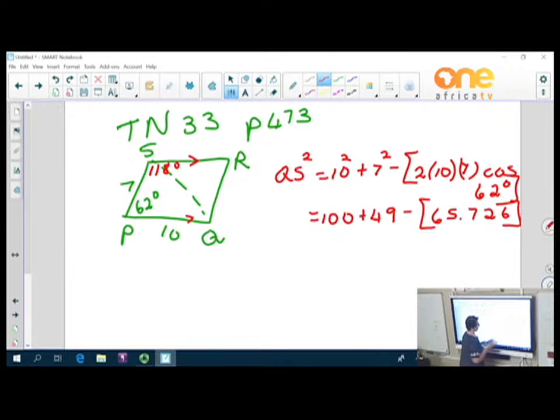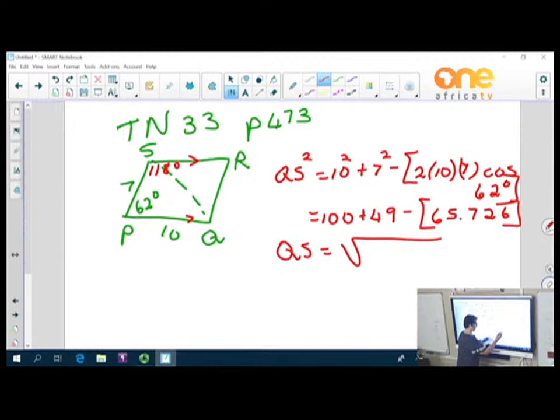65.726. So now we add it here. We want to calculate QS. So we're going to root the value that you got there. 100 plus 49 minus 65.726.